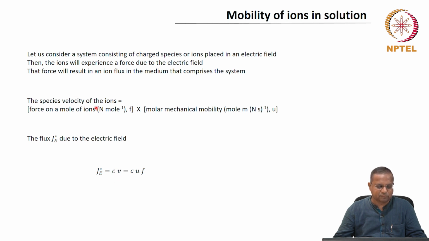This species velocity is written as a product of the molar mechanical mobility and the force on a mole of ions. So C U f is going to represent the flux of ions due to the electric field. The E represents the electric field. Let us call this equation 6.1.1-1.